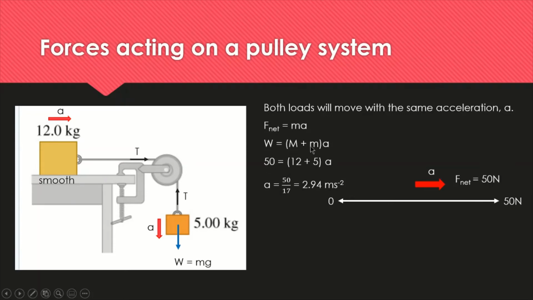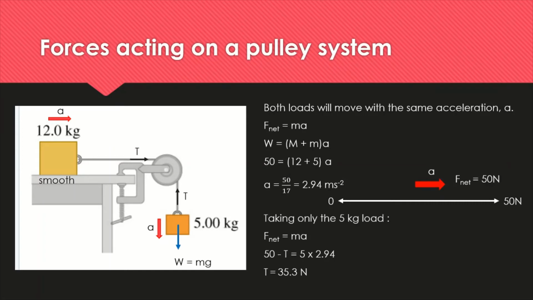The masses of both the loads are 12 plus 5, so 12 plus 5 equals 17. So from here, we calculate our acceleration. Acceleration will be equal to 2.94 meters per second squared.